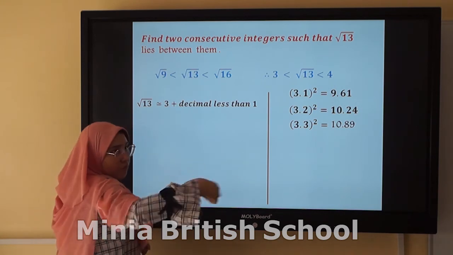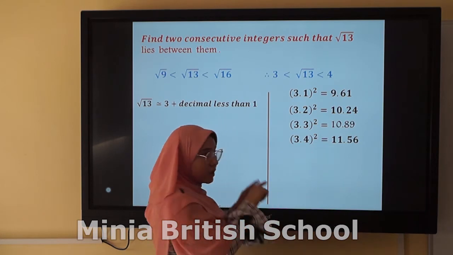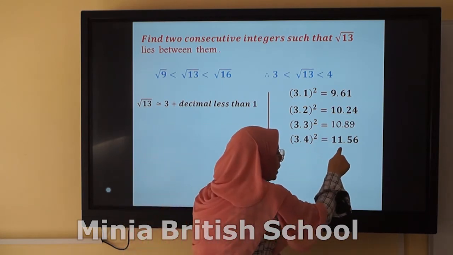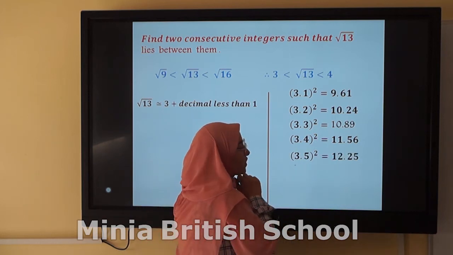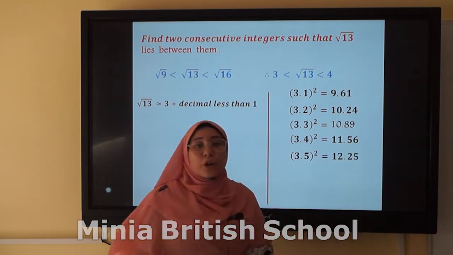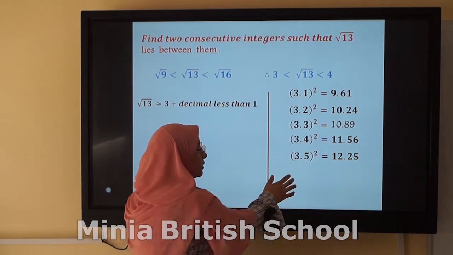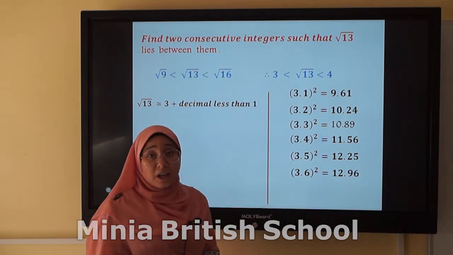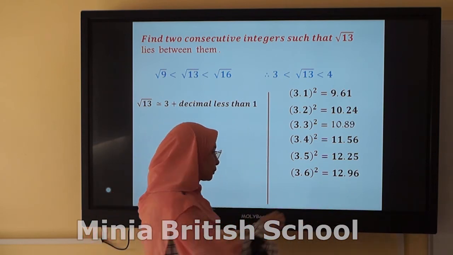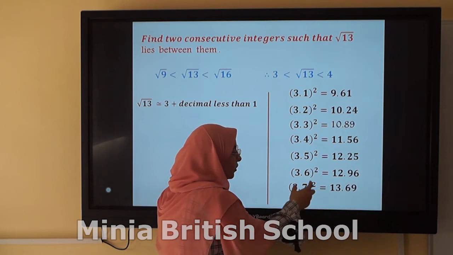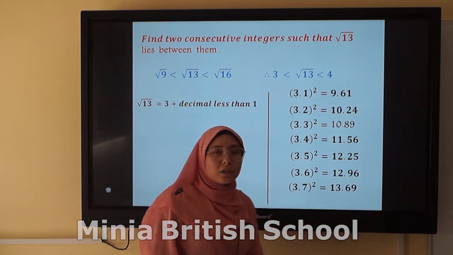So I will check the others. 3.4 squared equals 11.56. 3.5 squared equals 12.25 and 3.6 squared equals 12.96. 3.7 squared equals 13.69.